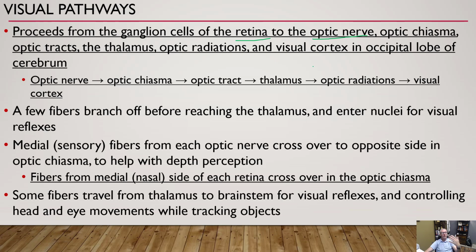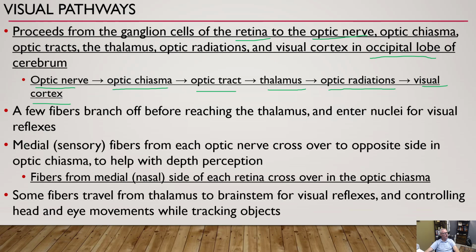Then where does it go from there? Well, we know that vision is processed in the occipital lobe of the cerebrum. So that optic nerve goes through the optic chiasm, through the optic tract, through the thalamus, through these things called the optic radiations, through the visual cortex. We did this in lab, actually. You did a lab on this. It'll be actually the very last lab that we do, special senses lab.